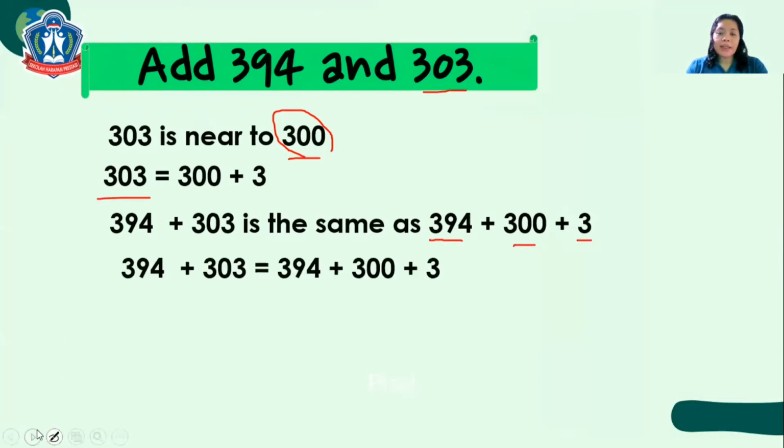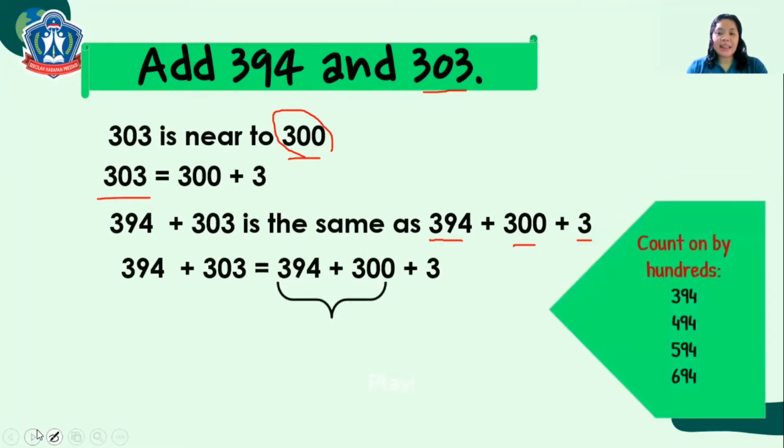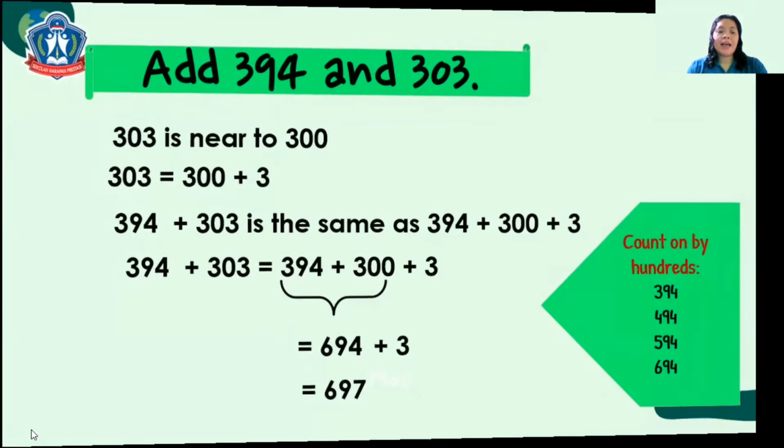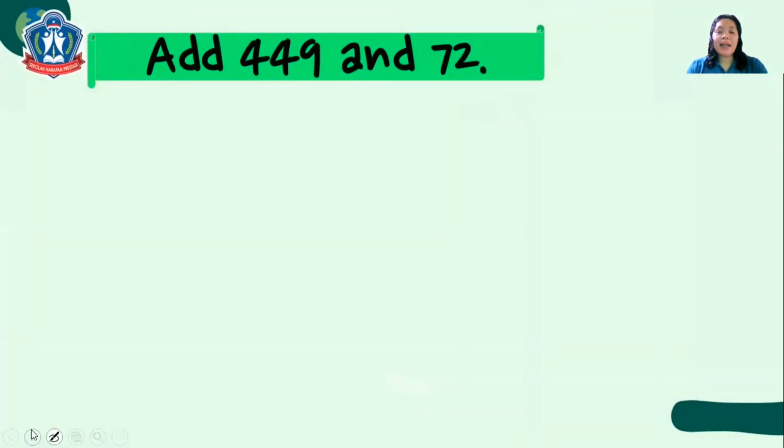So 394 plus 300 is, yes, that's 694. Then let's add 3. So the final answer is 697. So 394 plus 303 is equal to 697.